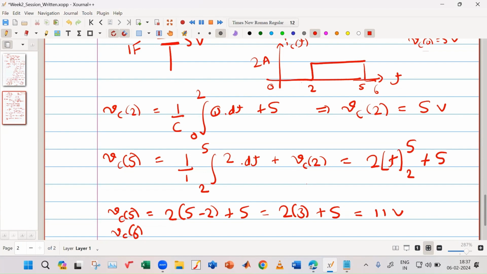Between 2 to 5, you're adding more charge to the capacitor, and when you add more charge, the voltage across the capacitor increases. Now, between 5 to 6, you're not adding any charge. Whatever was the charge stored in the capacitor at 5 seconds, that same amount of charge will be stored in the capacitor at 6 seconds. And if that is the case, the voltage will remain the same, right?